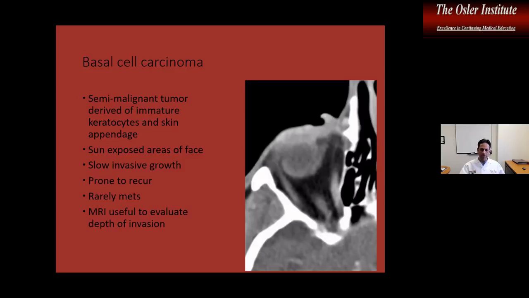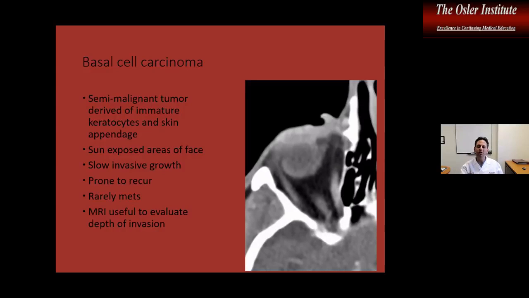Biopsying something you suspect as a basal cell is a little bit tricky to do as a superficial biopsy at the eyelid margin, because what if that turns out benign, but the real malignant part was more deep? So I usually like to do an excisional biopsy and cure at the same time.